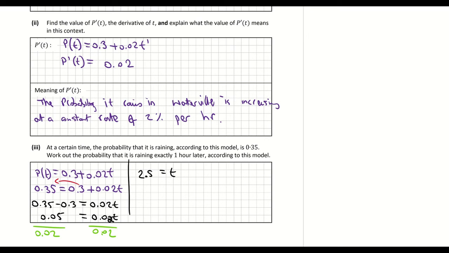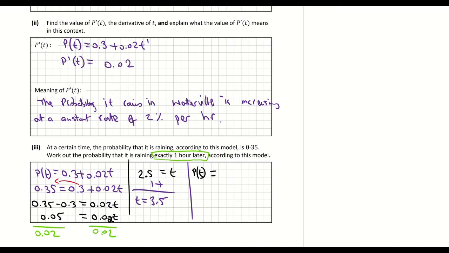Okay, so it's raining at the hour of 2.5. The question then wants us to work out the probability that it's raining exactly 1 hour later. So that's add on another hour, so that's T being 3.5. And I need to check now what's the probability of that. So I'm going to get my formula again.